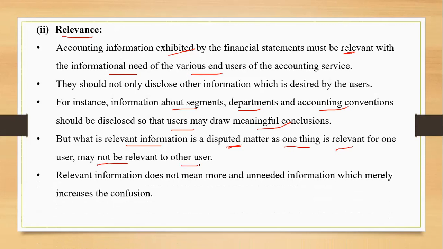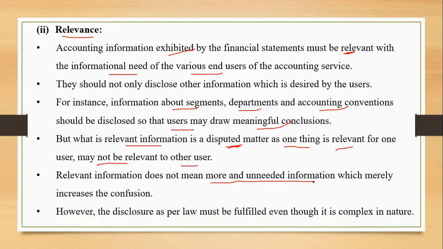Relevant information does not mean more and unneeded information which merely increases the confusion. मतलब आपको जब भी annual report बनाते हो, at that time we need to take care कि we should avoid the unnecessary information, right? कि जो information किसी के भी काम का नहीं है, that information should not be disclosed in the books of accounts, just to avoid the confusion in the minds of the various users, right?